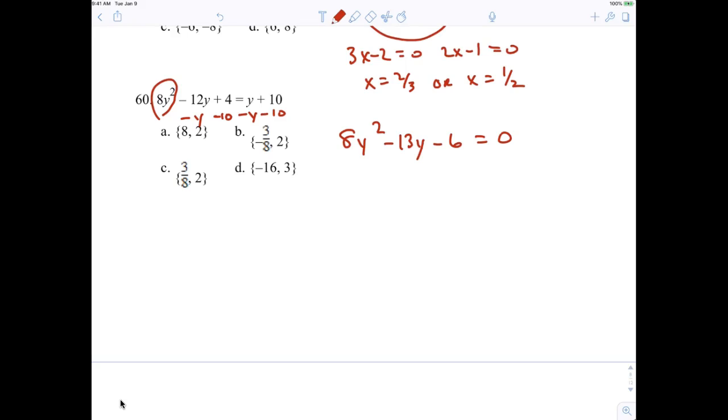Now let's break that down. If I start with the middle factors here, it looks like 4y and 2y. But that would not be correct because there would be no place to put the 2 with the 6, right? So instead of 4y and 2y, it has to be 8y and y.